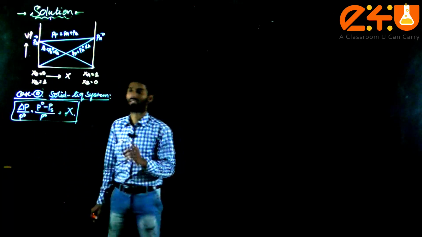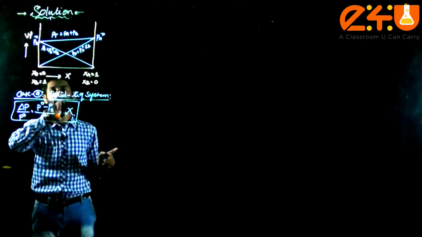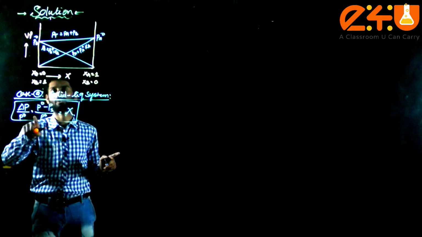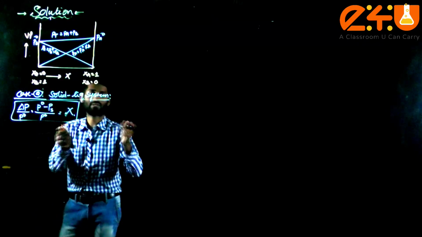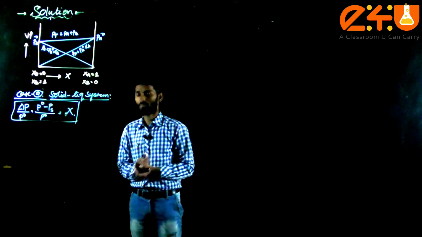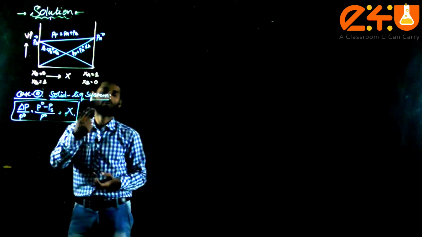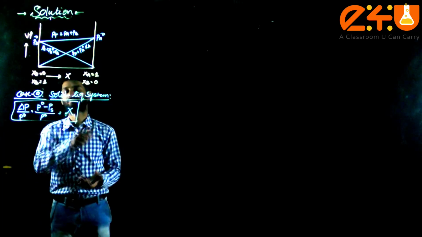This is about case 1 as well as case 2. This is solid and liquid. What I said here: the relative lowering in vapor pressure of a dilute solution containing a non-volatile solute. Whatever solute you are taking, it should be non-volatile, it should not be volatile in nature, should not evaporate. This is equal to the mole fraction of the solvent.